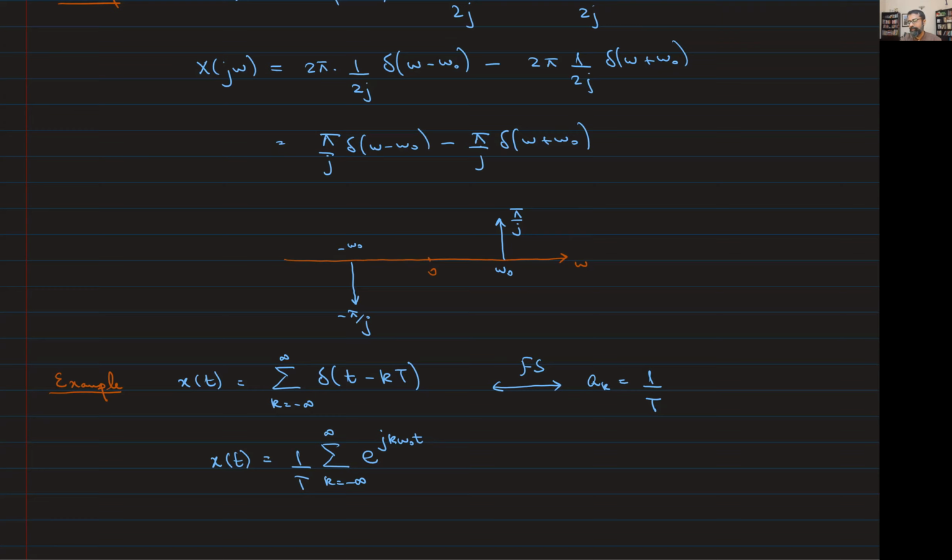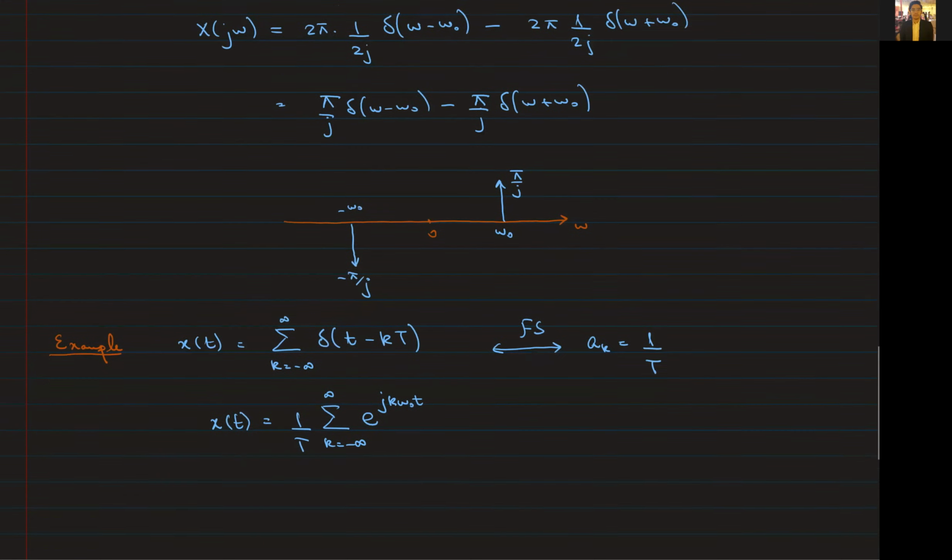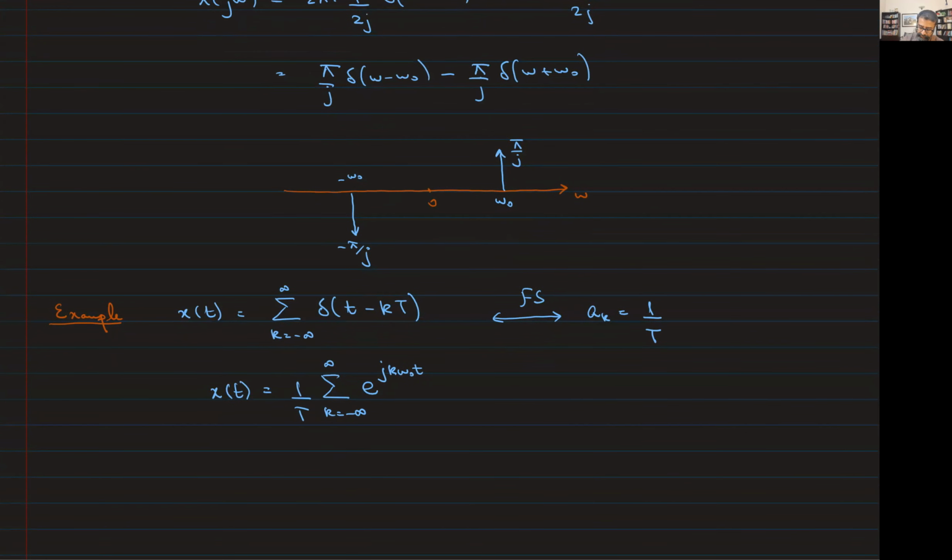Usman, you say 2 pi by T, what does that mean? So I was saying for x of j omega. Okay, x of j omega. All right. So let's compute x of j omega. Right? So x of j omega is going to be equal to 2 pi by T, and this is going to be summation k going from minus infinity to plus infinity, and this is delta omega minus k omega naught.